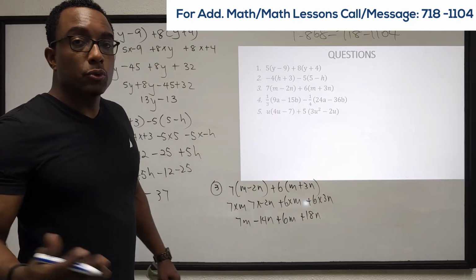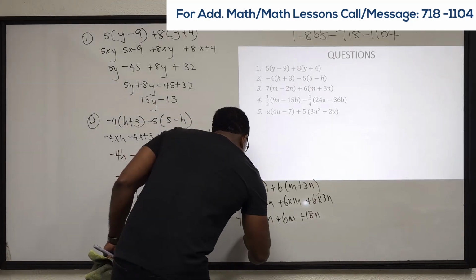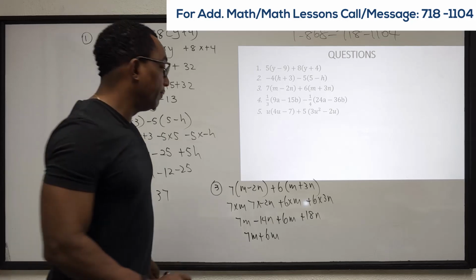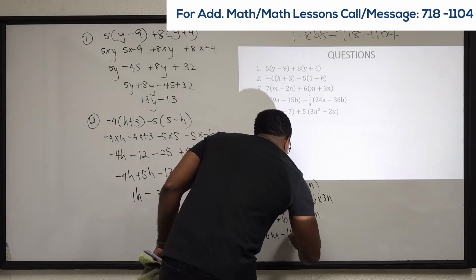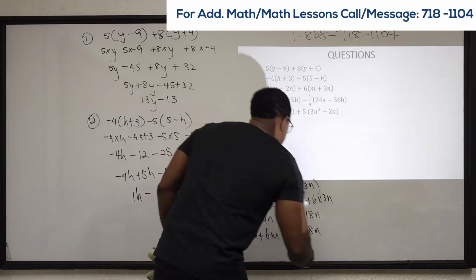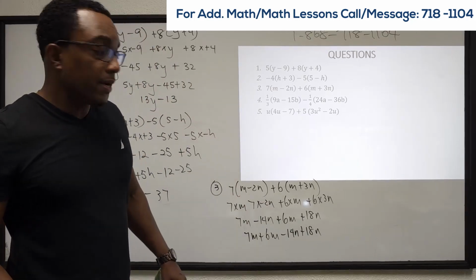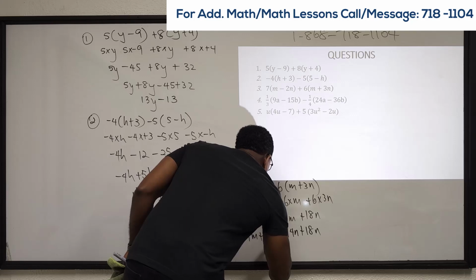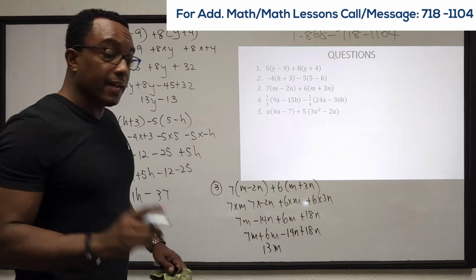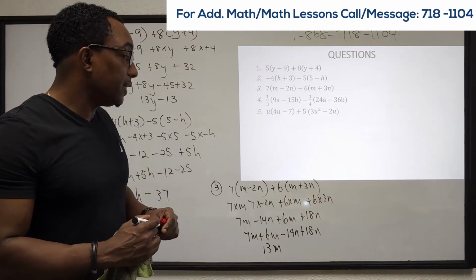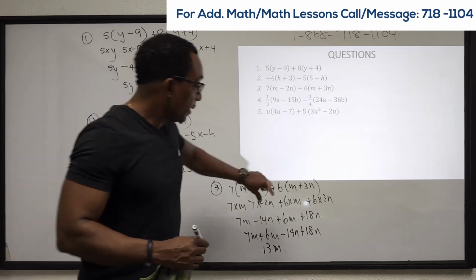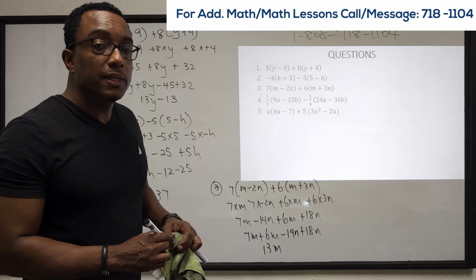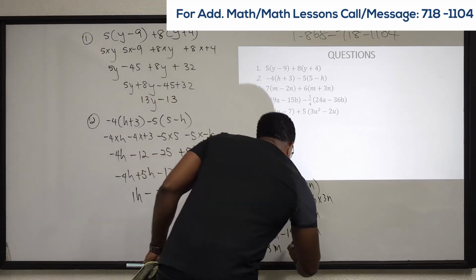So we're going to rearrange and group like terms. This will be 7m plus 6m, and this will be negative 14n plus 18n. And we know 7m plus 6m will give us 13m. And negative 14n plus 18n, rules, when the signs are different, we subtract the two natural numbers. 14 from 18 is 4.